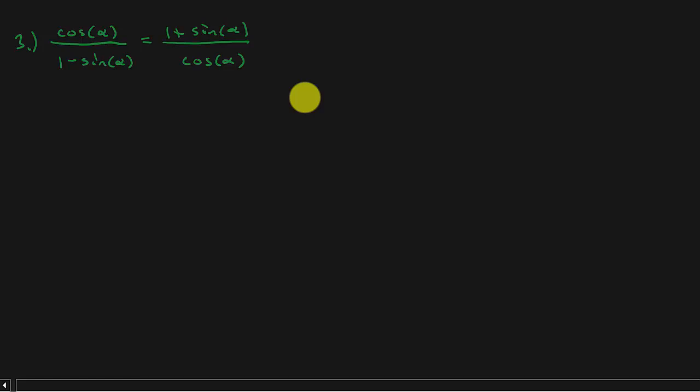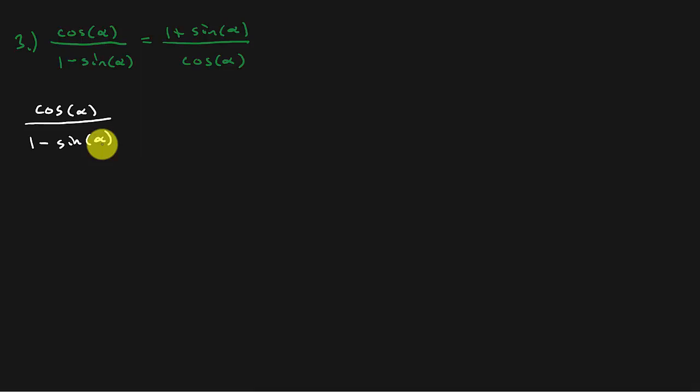So let's just take one of them. Okay, so let's just take the left-hand side. So we've got cosine alpha over 1 minus sine alpha. Now, what do we need to do here? We need to show that this can be simplified to the other side.